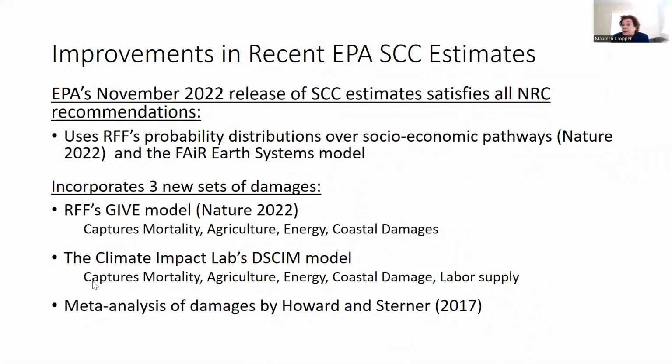The Climate Impact Lab at the University of Chicago developed another model at fine spatial scale, looking at impacts on mortality, agriculture, energy consumption, coastal damages, and labor supply.